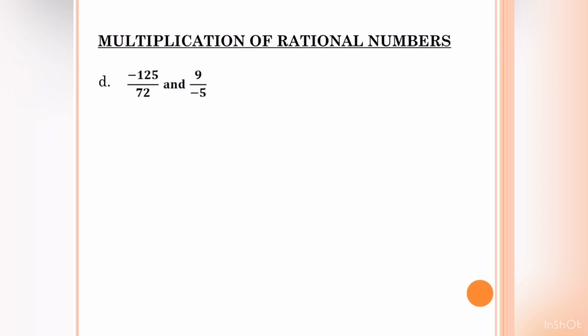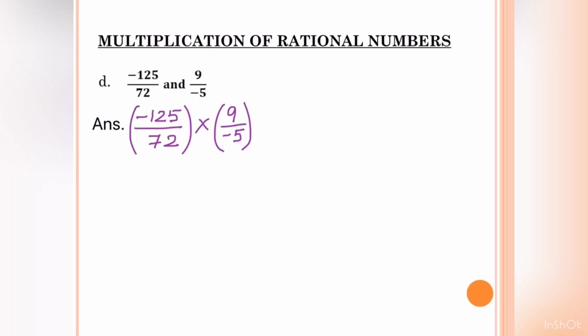Next question. Minus 125 by 72 and 9 by minus 5. Answer: minus 125 by 72 times 9 by minus 5. This expression is equal to the product of their numerators by the product of their denominators.